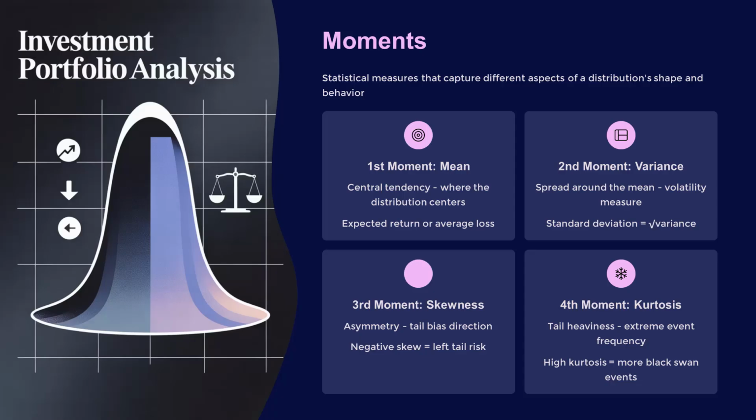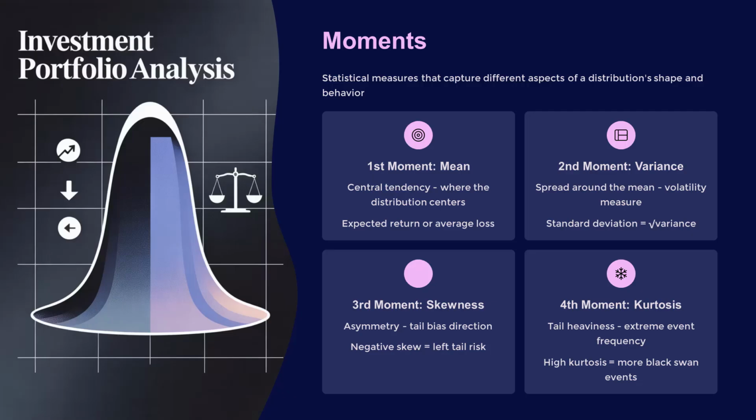Moments. Describing risk beyond the mean. Moments summarize the distribution of a random variable. First moment: mean, the central tendency. Second moment: variance. Spread around the mean. Standard deviation, its square root, is in the same units as the mean.